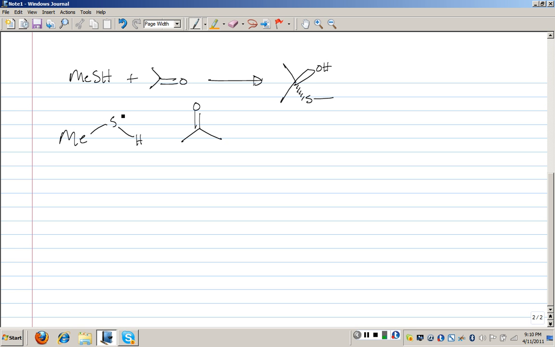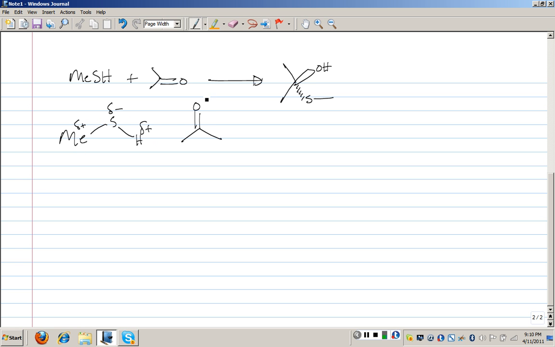Well, certainly the H is bound to sulfur, and therefore the H will carry a delta plus charge. And I can make the same argument for the methyl. The sulfur is bound to these two, and sulfur is more electronegative, and therefore the sulfur bears a delta minus charge. So I can say the H is electrophilic or acidic, the methyl is electrophilic, the sulfur is nucleophilic.